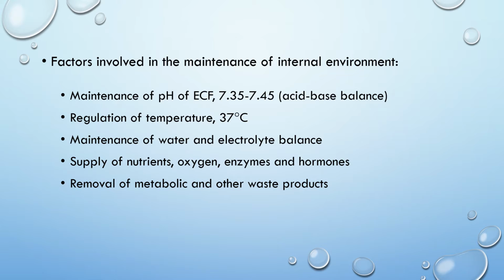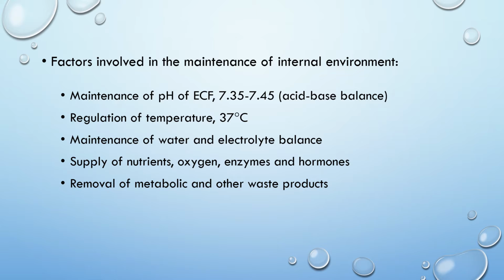your homeostasis? For the whole body to maintain its function, the first one is that we need to maintain the pH of ECF within the range of 7.35 to 7.45. Second is regulation of body temperature, which needs to be maintained at a constant 37 degrees Celsius. Next is maintenance of water and electrolyte balance in your body.